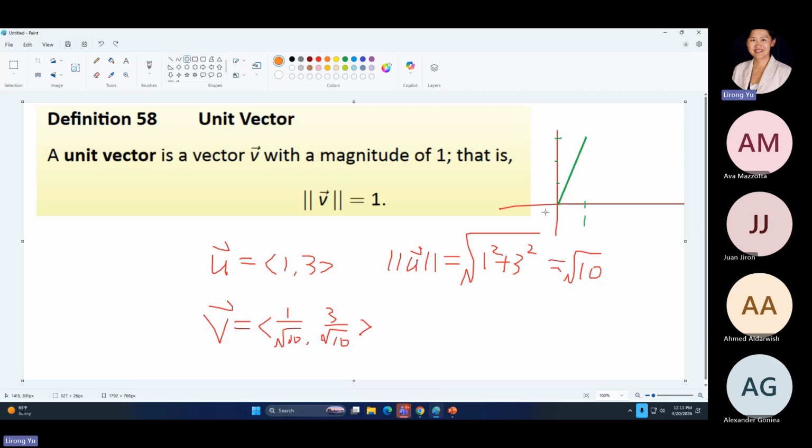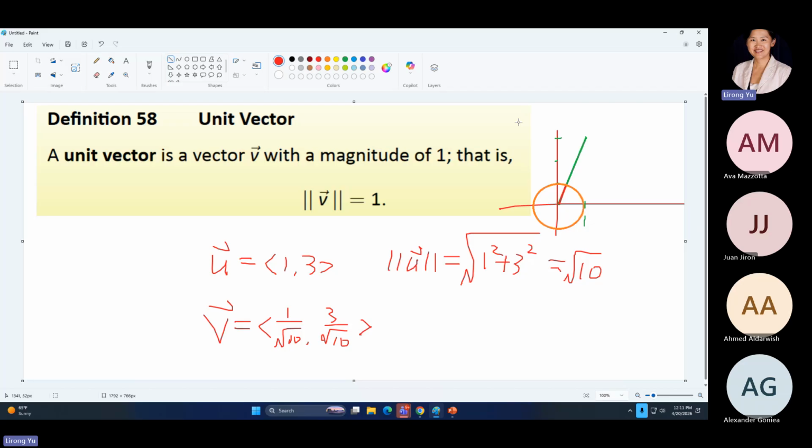It's like drawing a circle of radius 1, and then this vector is the vector v, that's a unit vector. We are still going in the same direction. The ratio between x and y is still 3 to 1, so y over x is 3 over 1.